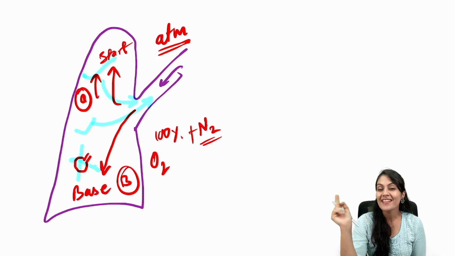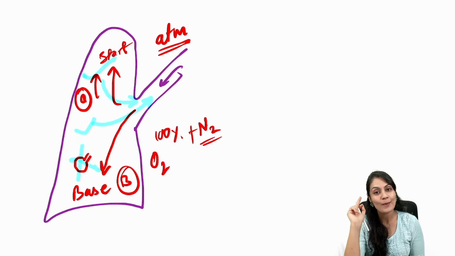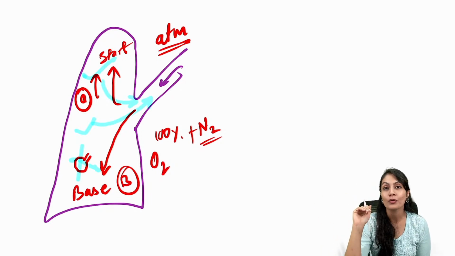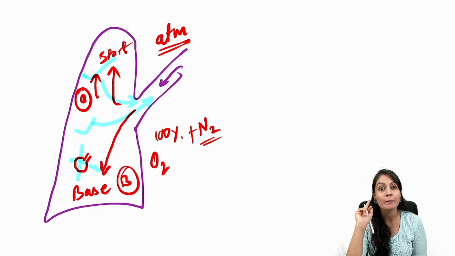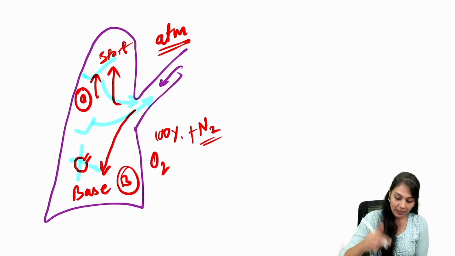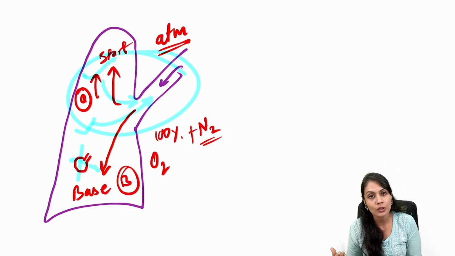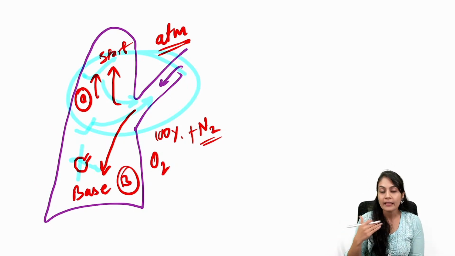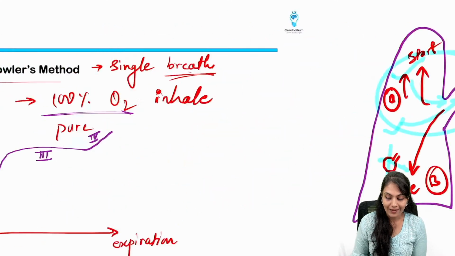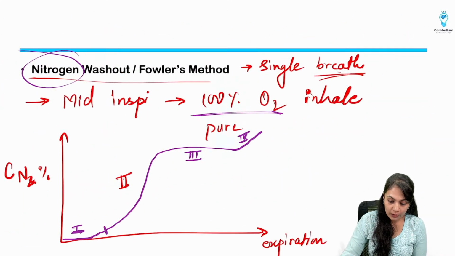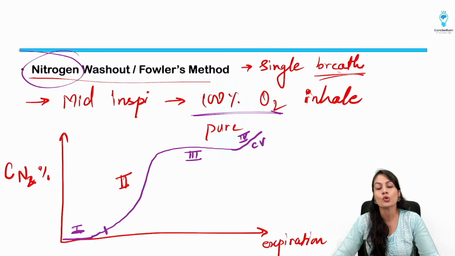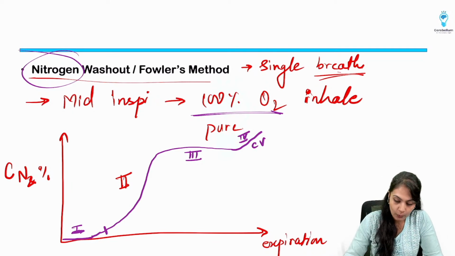That means this air comes after the onset of closure of the alveoli in the basal part, and whatever amount of air comes after the closure of the alveoli in the dependent part is called CV. So the fourth thing is the CV, the closing volume, which can be seen over here, right?